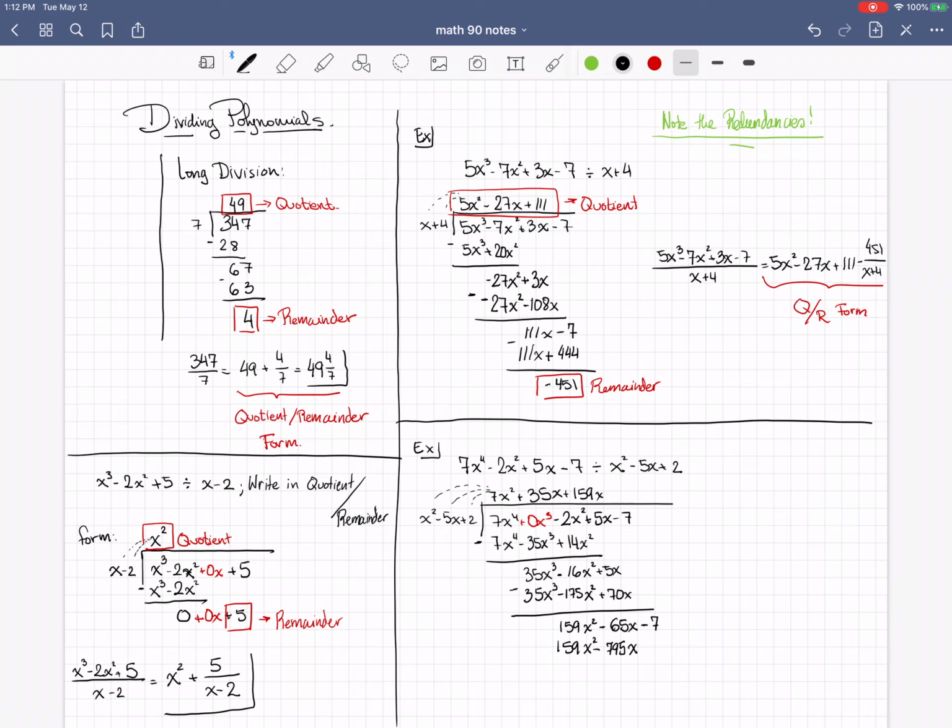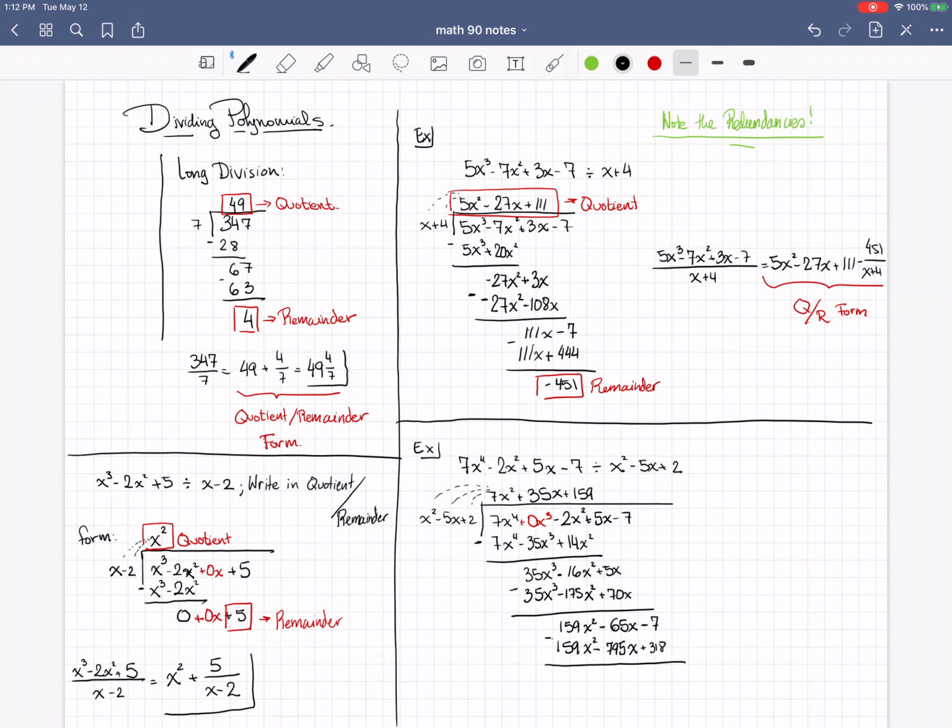Oops, excuse me. I wrote an x when I shouldn't have. So this shouldn't be 159x. It should just be 159. And then 159 times 2 is 318. So, okay, cool. We're going to muscle through this, but we're almost done.